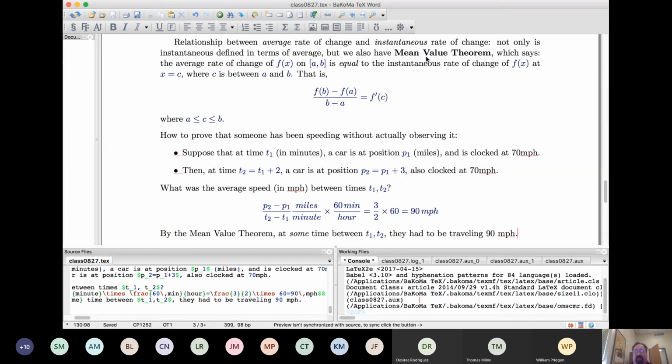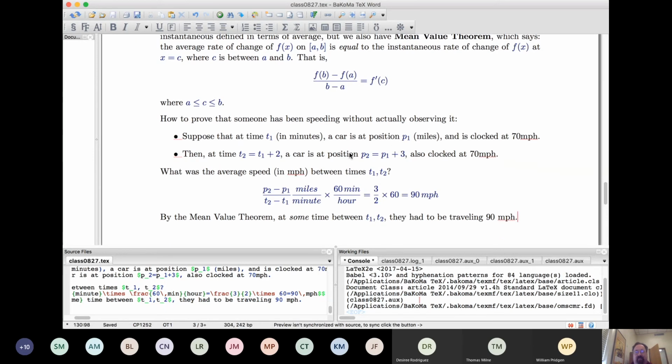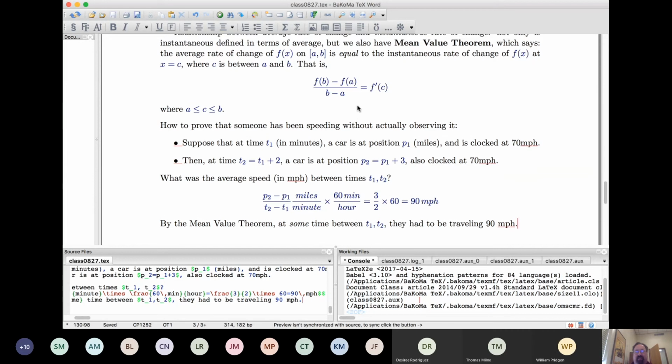The mean value theorem actually has certain assumptions, which I did not take the time to state here. So one could claim that those assumptions do not hold. But still, it's a good way to highlight the relationship between instantaneous and average rate of change, and what kind of things can reasonably be inferred from it. So this is just something a little extra, but I want to give you an idea of how this kind of information can be used.